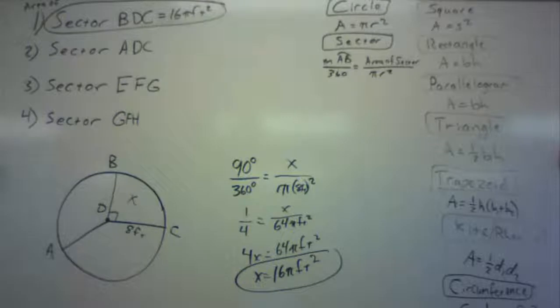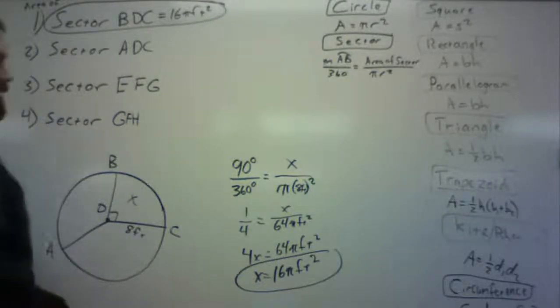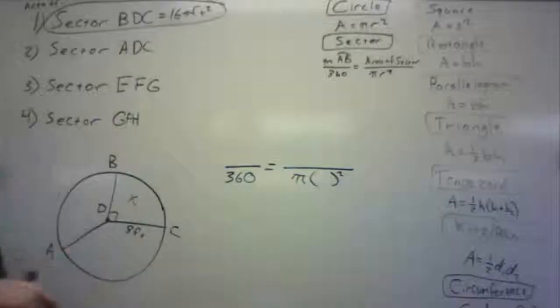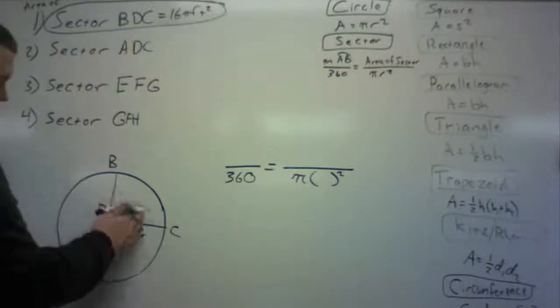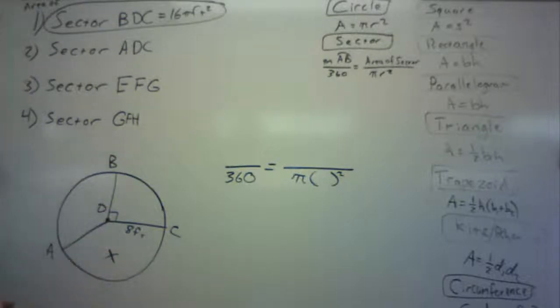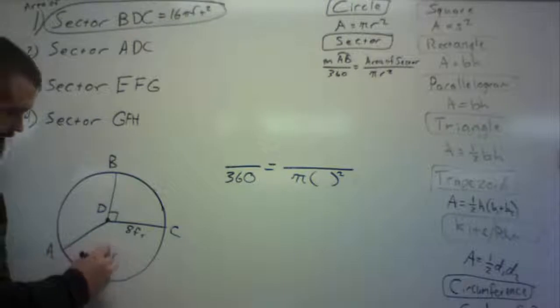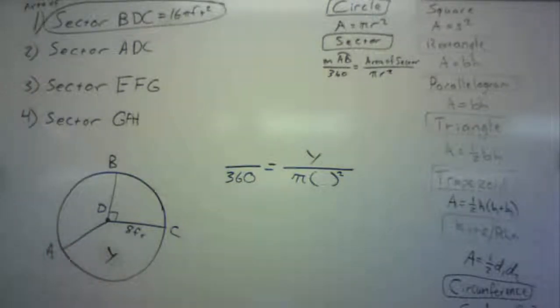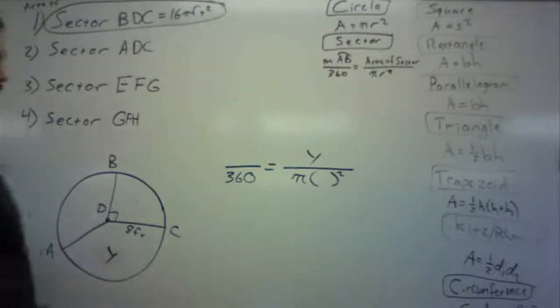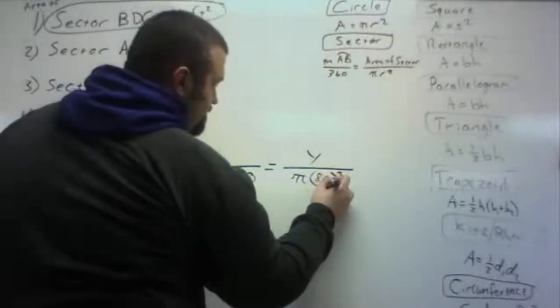See if you can get this set up. So I filled in what would automatically be true. Sector ADC. So ADC is this one down here. But let's use a different variable so that way you don't get confused on your homework. This is going to be y. Now, the radius is still 8 feet, so I know that goes here.